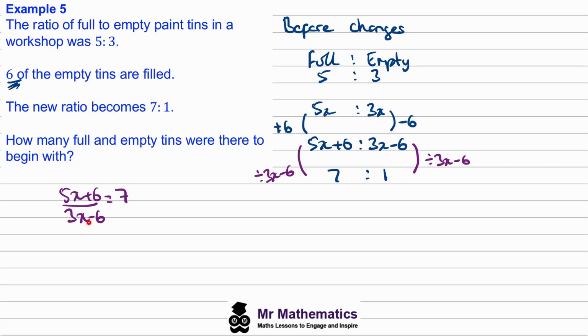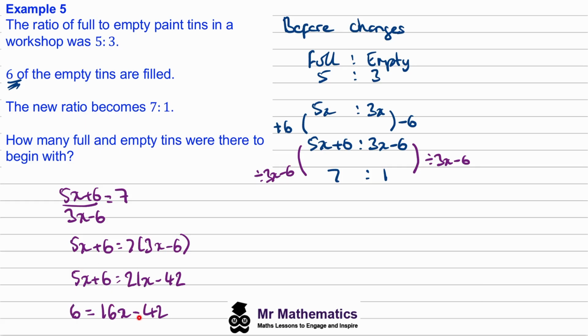We'll multiply both sides by this denominator. We'll expand out these brackets. And then we'll move the 5x's over to the right hand side. And then we'll add the 42 to both sides. We'll divide both by 16. And x will equal 3.